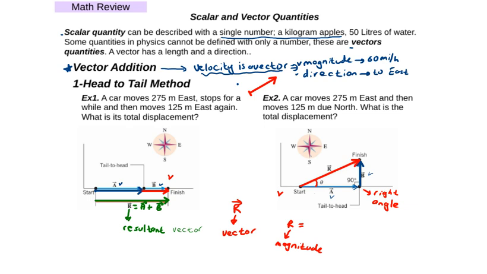So I'm going to drop the arrow here and just calculate R's magnitude. If I know the value of A and the value of B, I can use the Pythagorean theorem to calculate R. The Pythagorean theorem will keep coming up.